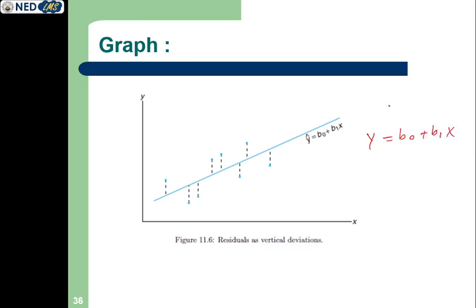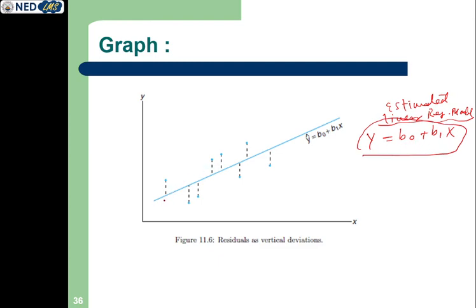This is what we call the estimated linear regression model. How can you estimate it? Replace beta naught by b naught and replace beta 1 by b1, just simple to make this equation.